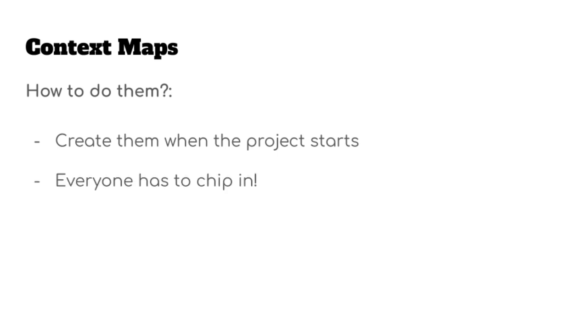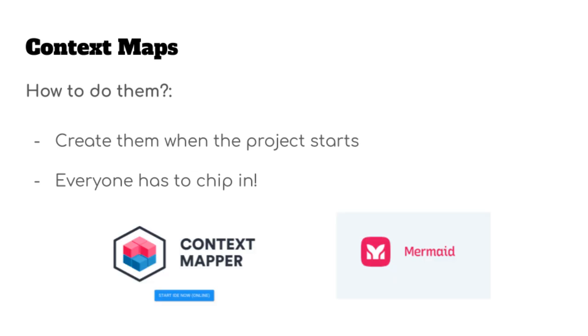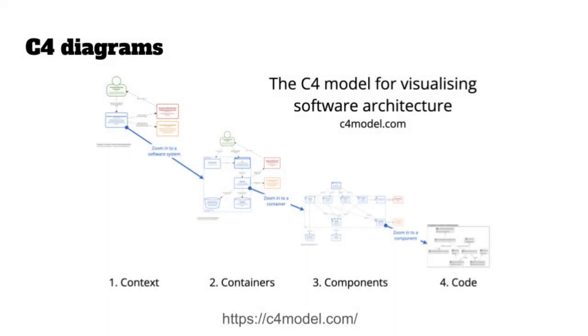Here Vlad defends this should be a shared effort between all teams, a project essentially owned by everyone. In order to have proper documentation, you can use tools like Context Mapper or use simple diagram tools like Mermaid Graphics.